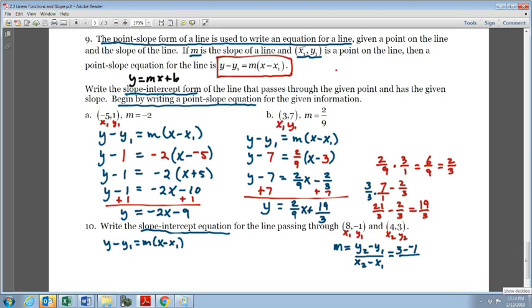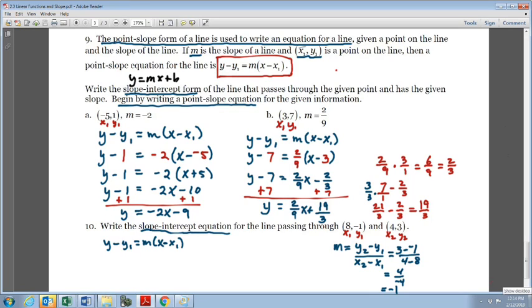So be careful there, we are subtracting a negative. In the denominator, we'll have 4 minus 8. And so this becomes 3 plus 1, or 4, over 4 minus 8, which is negative 4, and that's going to be negative 1.